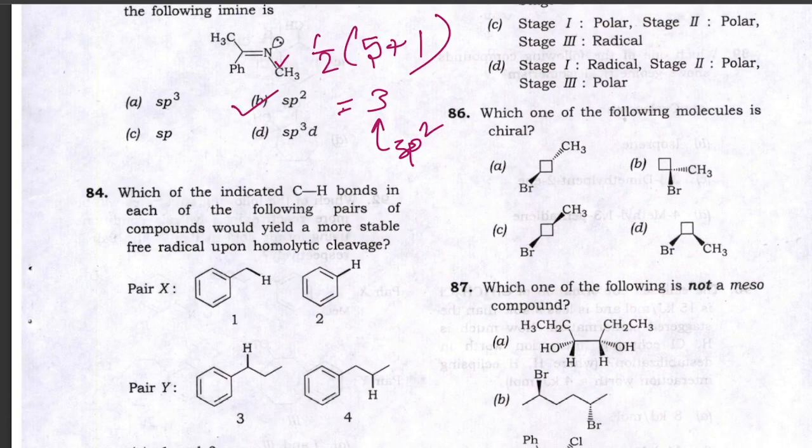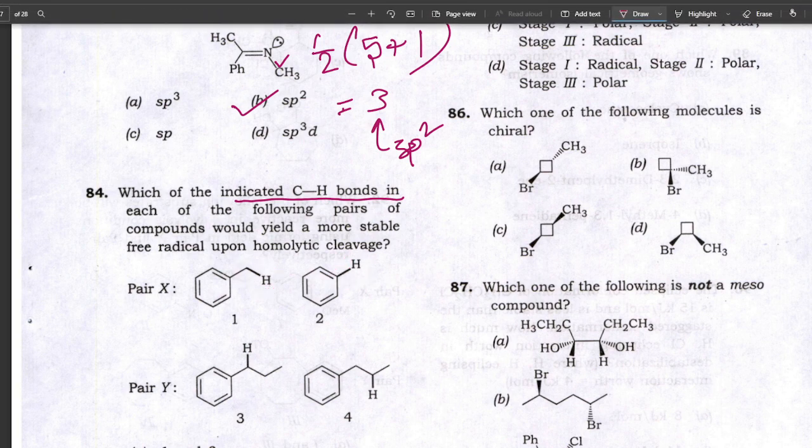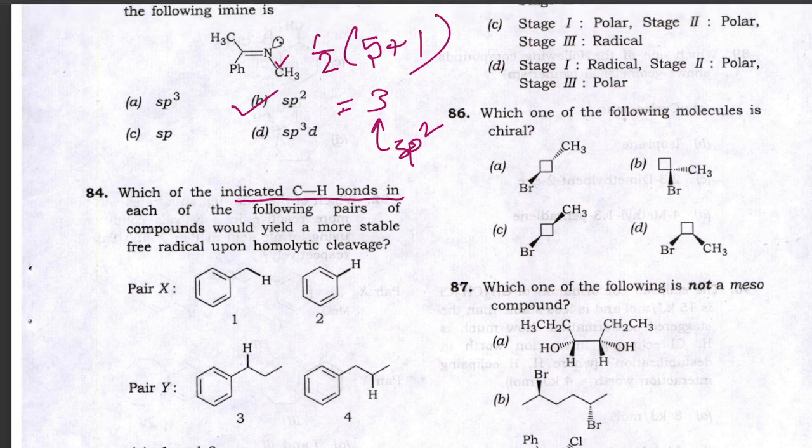Now 84, they are saying indicate the CH bond. So the bold CH bonds are here. Each of the following pairs of compounds would yield a more stable free radical upon homolytic cleavage. So these indicated single bonds are going to be cleaved in a homolytic fashion, and this in turn will give you the free radical.